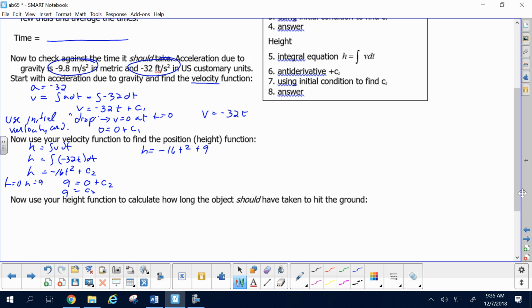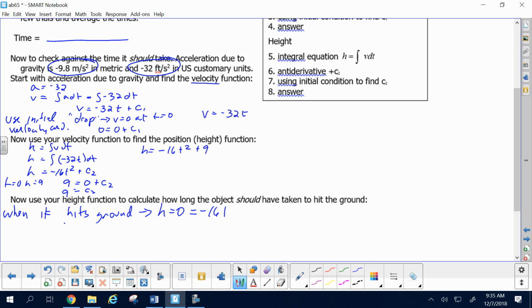Track it. Now to answer the question, how long should it take for it to go from the roof to the ground? Well, if I want it to hit the ground, then what do I want to use? H is 0. If it hits the ground, that implies H is 0.